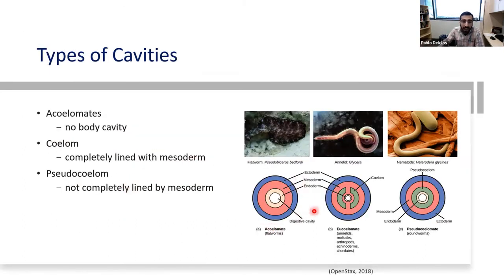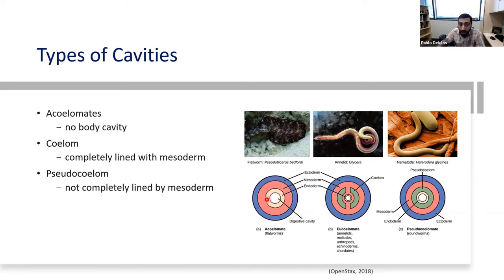And so there are three types of body cavities that animals can have. The easiest one is acoelomates, which have no body cavity whatsoever. All they have is their digestive tract, that's hollow inside because food has to pass through it. So there has to be some cavity, but there's no body cavity other than that, really.